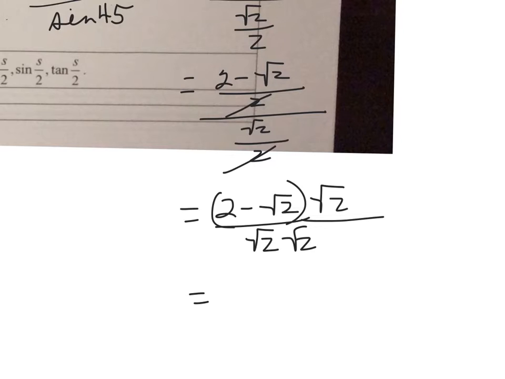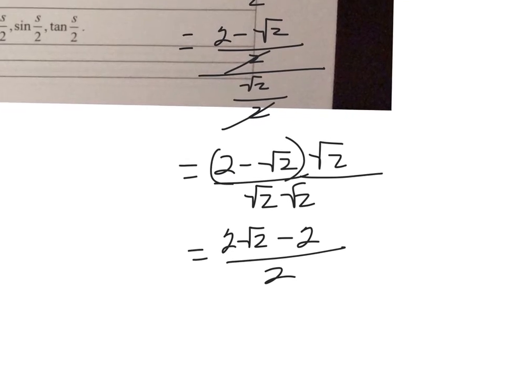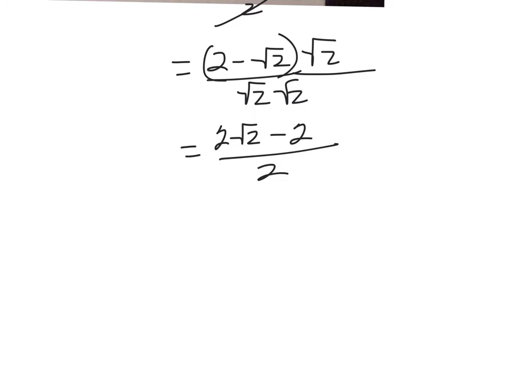So the numerator is now going to be 2 times the square root of 2 minus square root of 2 times square root of 2 is 2, all over 2. But then I could factor out a 2. If I do that, I'll have root 2 minus 1 left in the parentheses. And now the 2's would cancel.